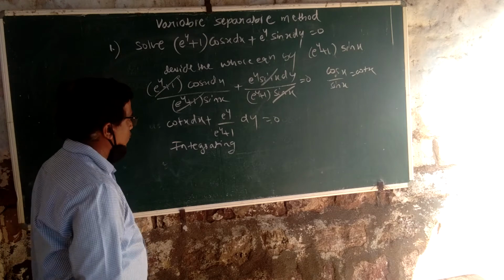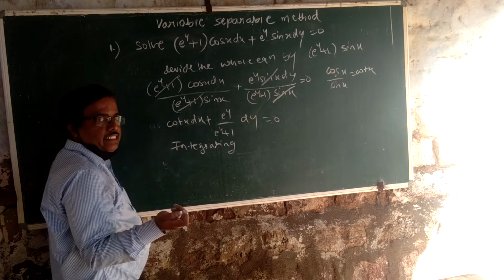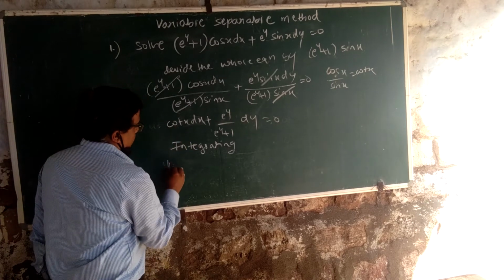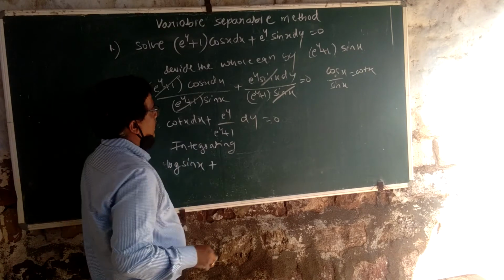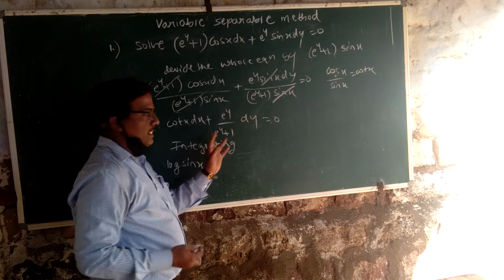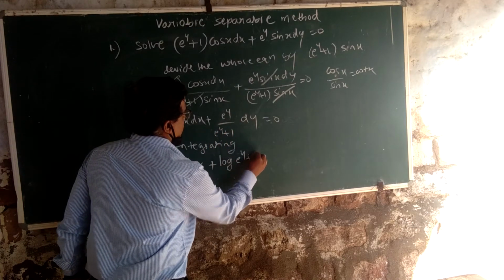Cot x is cos x by sin x, and when you integrate it, it gives log sin x. Plus, here again it is e raised to y by e raised to y plus 1. Its integration is log of e raised to y plus 1.